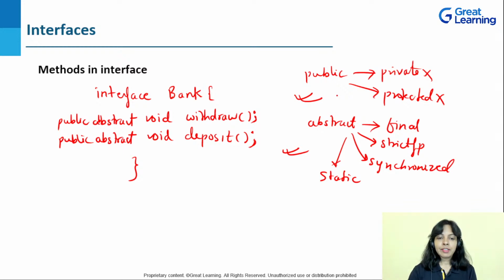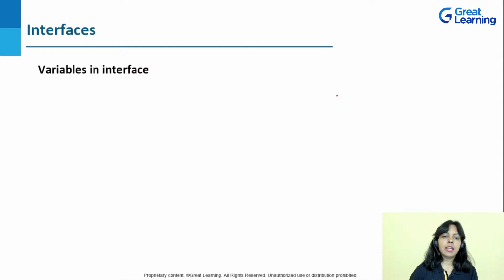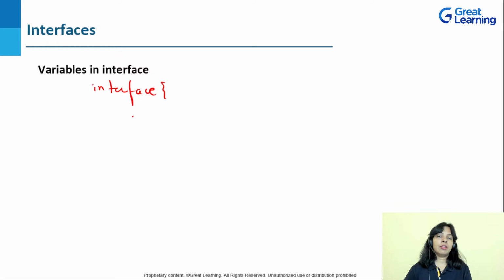Okay, fine. So this was about methods. Now what else can be there in an interface? Variables can be there in an interface, right? Guys, I'm going to talk about a few interesting hacks about these methods and variables inside the interface. I'll quickly go to the IDE and talk there. So first, try to see what exactly I'm saying, what all can be there in an interface.